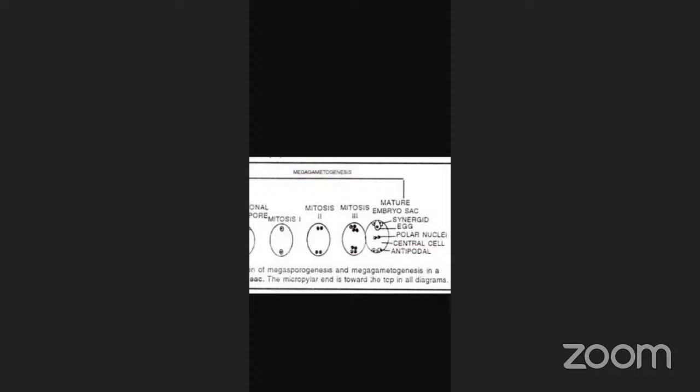The micropylar dyad is functional, while the chalazal dyad degenerates. The nucleus divides to form 2, then 4 nuclei, finally 8 nucleate.